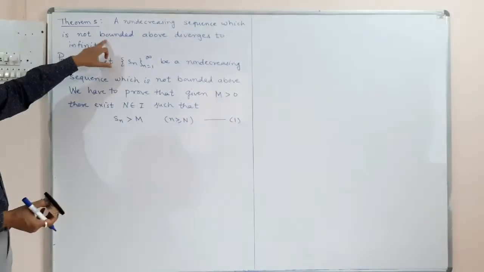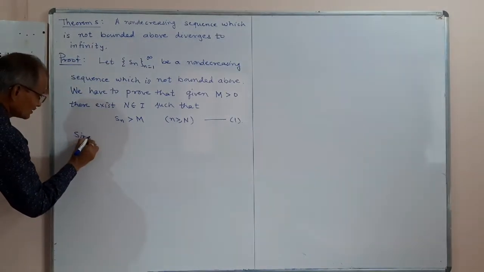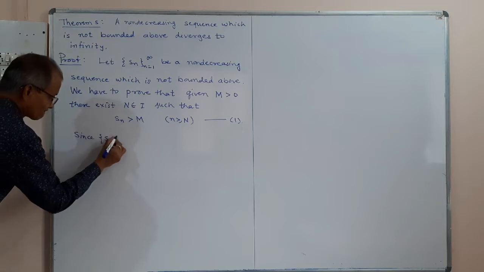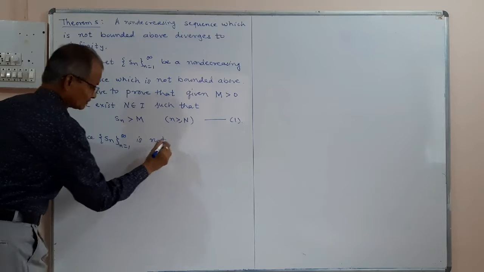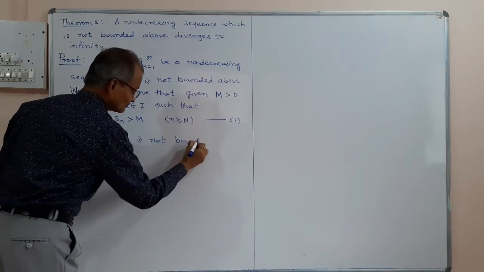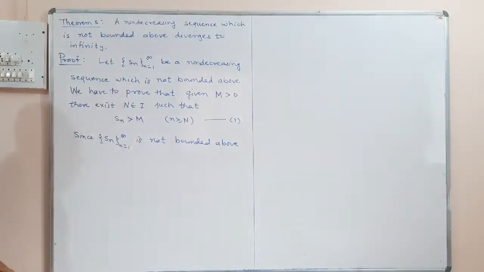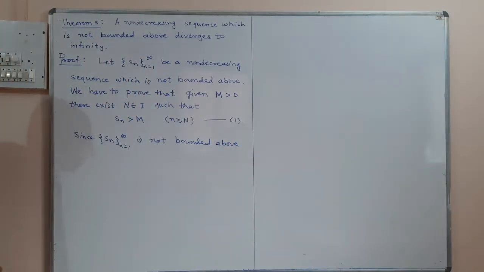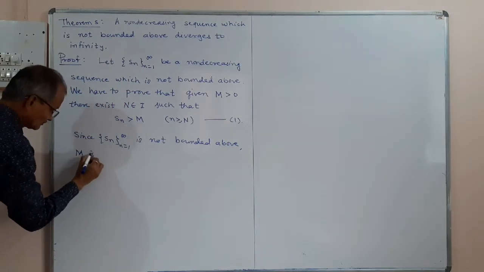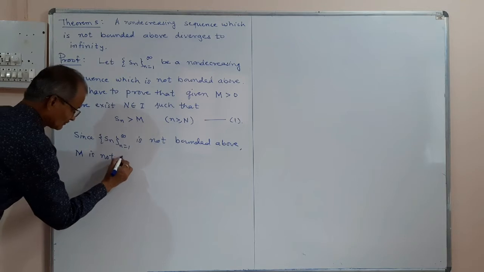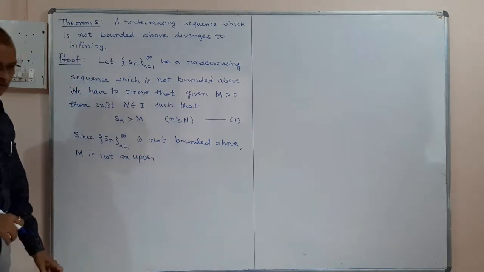Now Sn is not bounded above, since not bounded above means it does not have upper bounds.